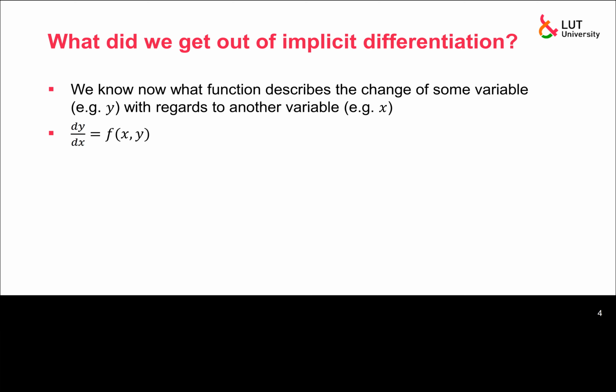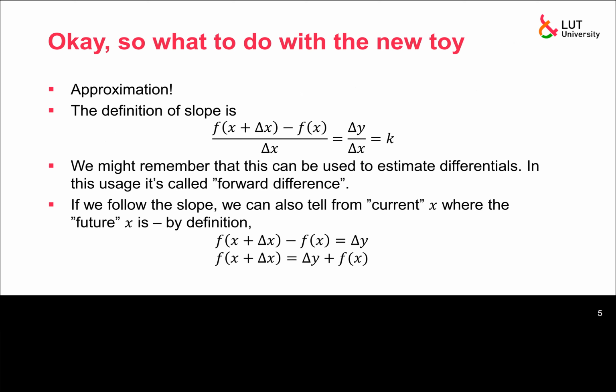And what could we use it for? Well, we might consider what is the secant and what is the tangent. So we could use this to approximate other values of the function. The first formula is the secant.